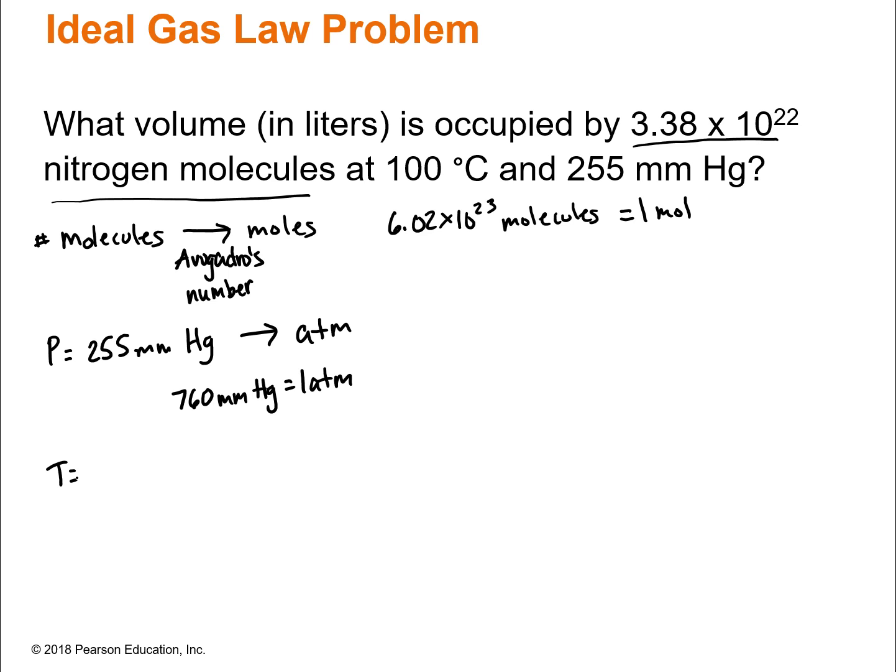The final hint I'll give you before I let you loose. Our temperature is in degrees Celsius. We need Kelvin. You need to add 273 to your degrees Celsius temperature to get Kelvin. Those are all the hints I'm going to give you.